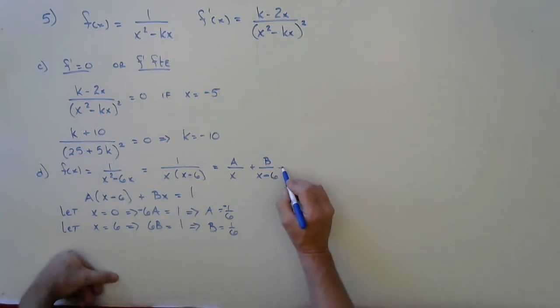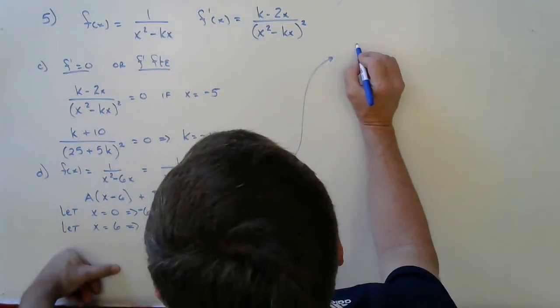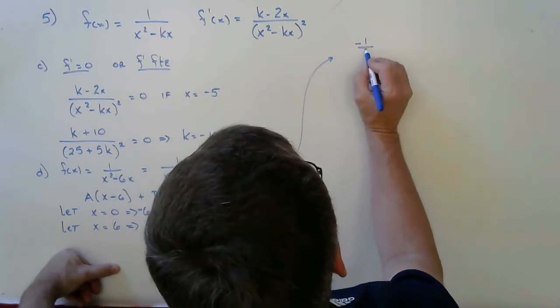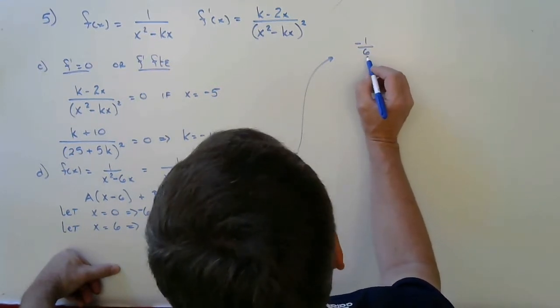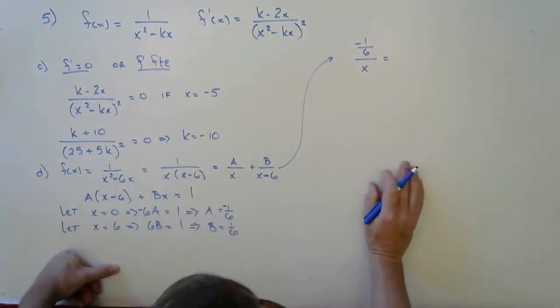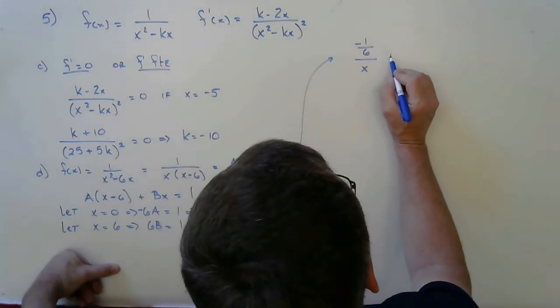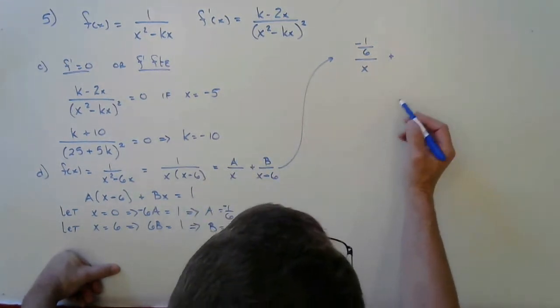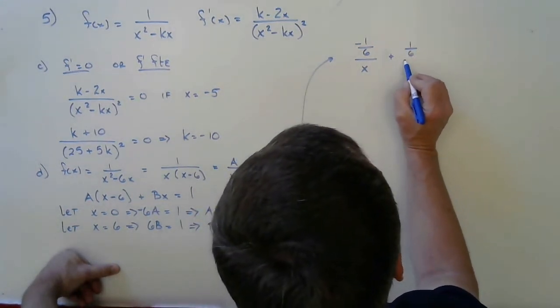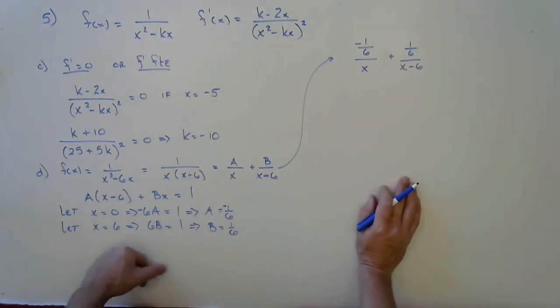So this function right here becomes a, which is negative 1/6 over x, plus b, which turns out to be 1/6 over x minus 6, not x plus 6.